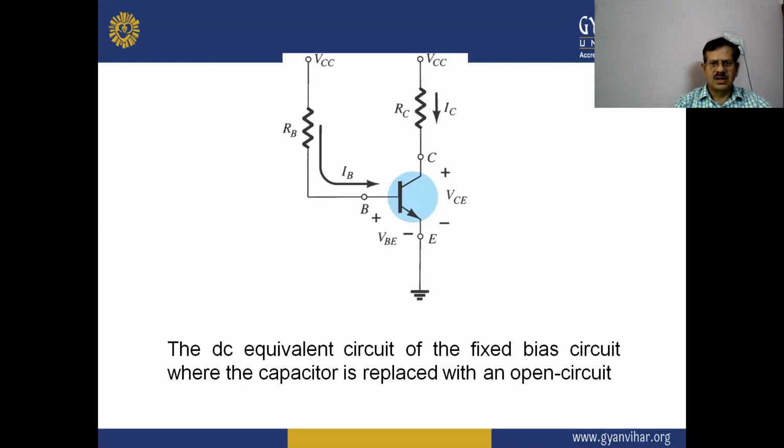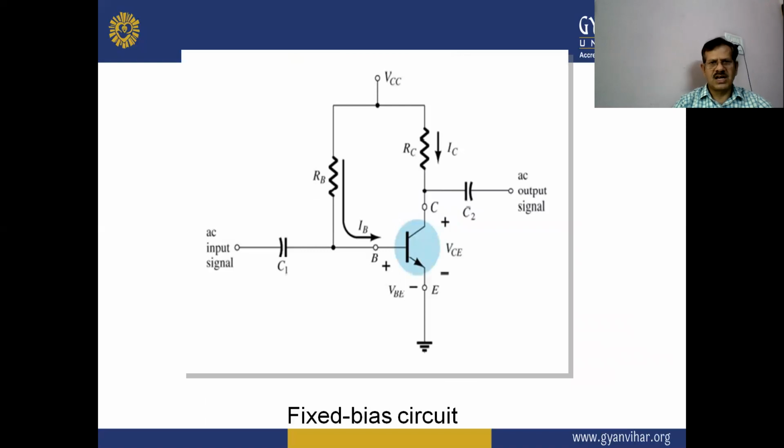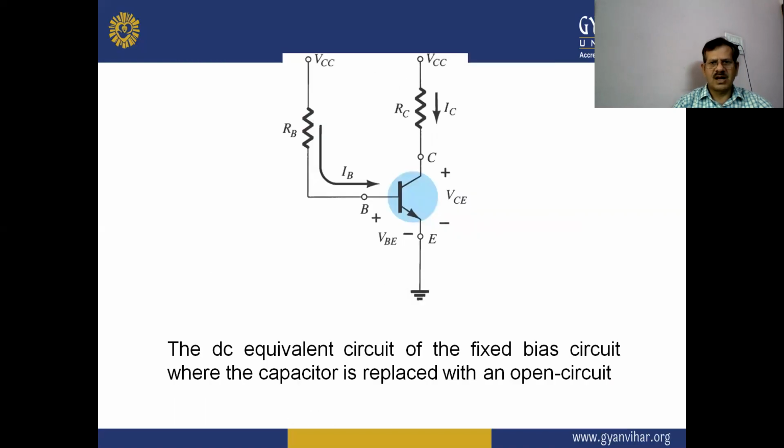When we do the DC analysis of this fixed bias circuit, we replace the capacitors by open circuits, and the equivalent circuit will look like the circuit diagram shown in this figure.